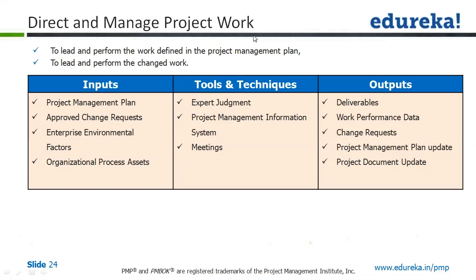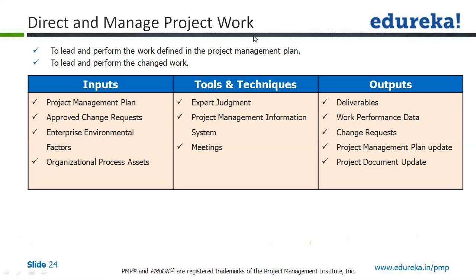When it comes to the tools and techniques, expert judgment remains the same. The second one getting added is the project management information system. This is something we discussed in the last class: MS Office, or a software like MS Project, is also called a project management information system. That means a tool or utility for you to automate certain things, maybe to punch various tasks into a software.